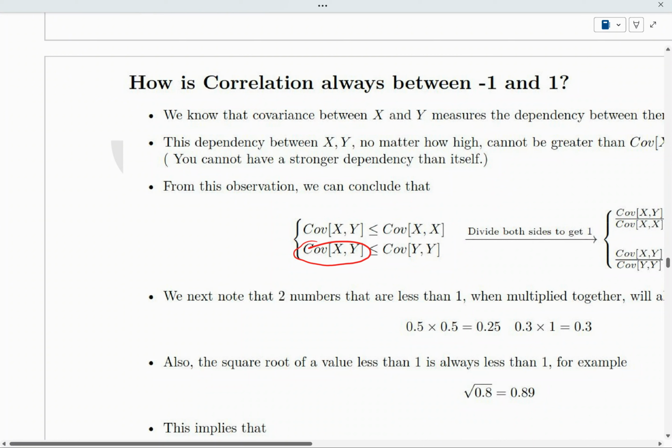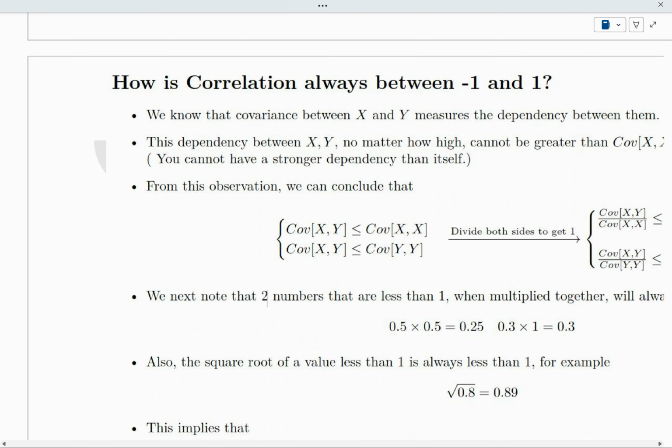The covariance must also be less dependent than itself in terms of y. So in terms of x, in terms of y, the dependence between x and y must be less than. Okay, you cannot depend on anybody else more than you depend on yourself because you are perfectly in accordance with yourself. At least that's what we try to do.